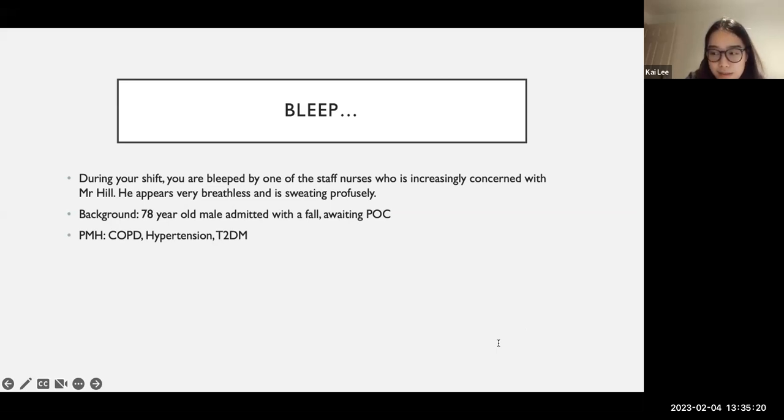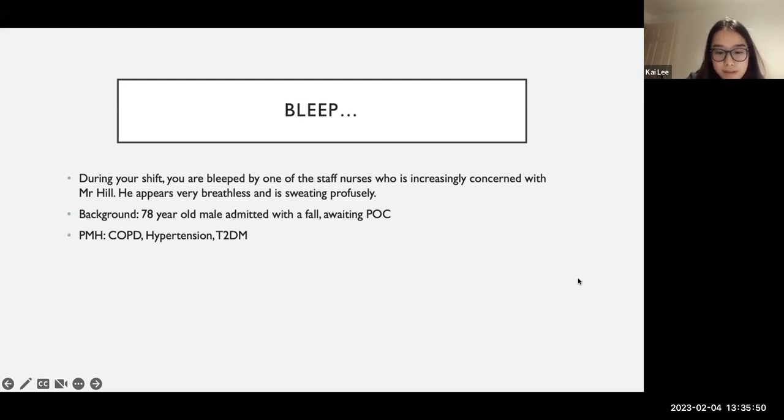On assessment of his circulation, what are the things that we would like to consider? So in terms of circulation, some useful parameters we'd like to look at are his heart rate and his blood pressure.